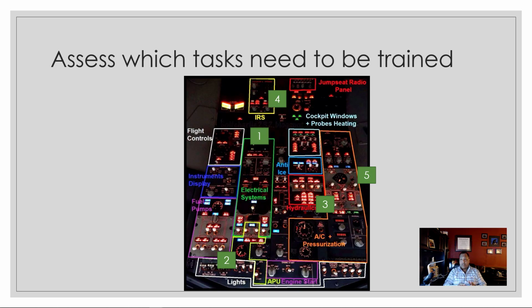So the next question is, from all those sections, what is the order in which we need to execute them? What is the order in which a captain or a first officer needs to execute the sequence of startup? For the purpose of our example, I already did the 1, 2, 3, 4, 5, etc. And of course, I left the others out.